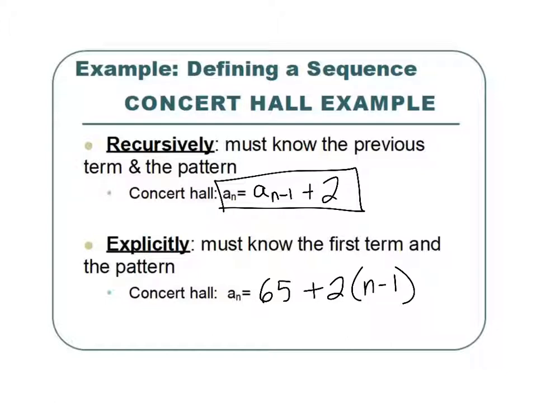This is going to allow me to find how many seats are in any particular row, which means I could go back to the concert hall slide at the very beginning of my notes and use this to figure out how many seats were in the last row. Remember that question? If I want the 40th row, then I would have 65 plus 2 times 39, and that is 143. 143 seats in the back row.